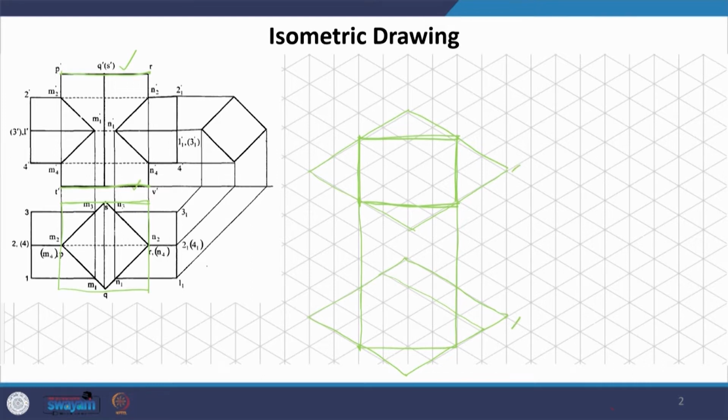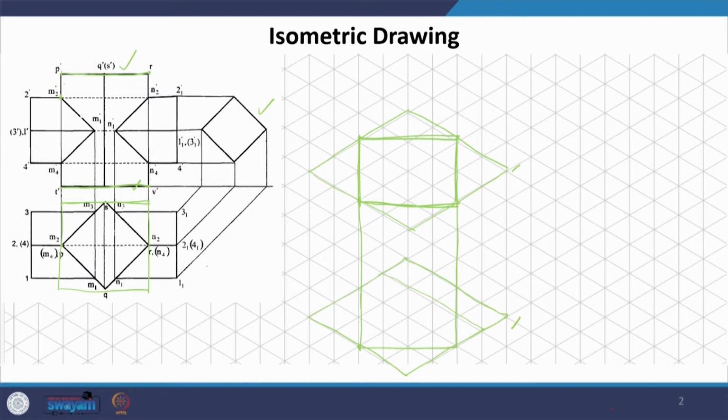Now, where do we actually get this diamond, this inclined square? Now, before we do that, what we know is where this point M2, which is here, and M4 is. Okay. So, what we can actually do is we can first draw M2.